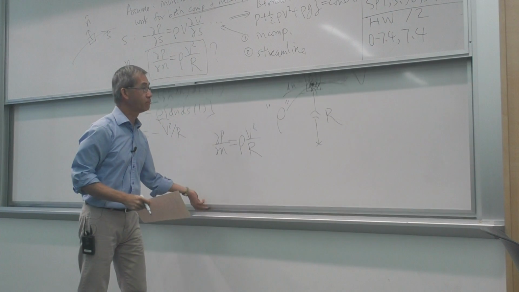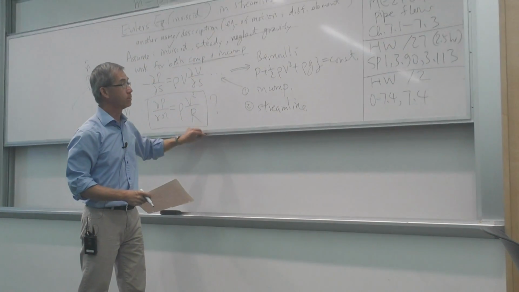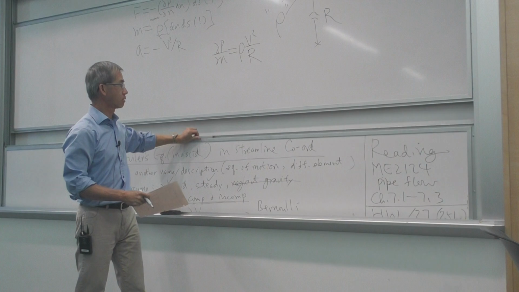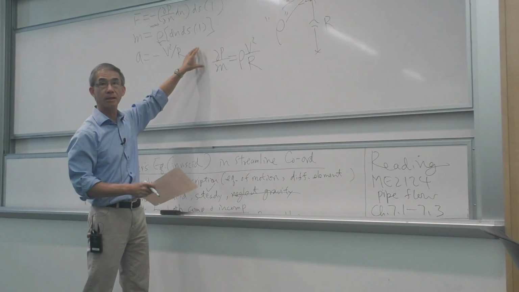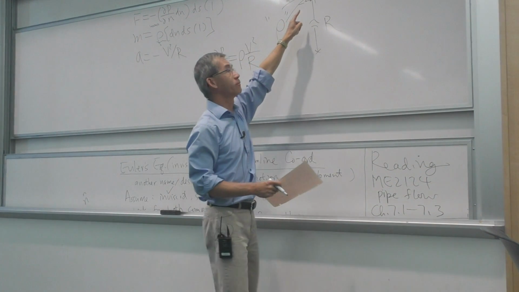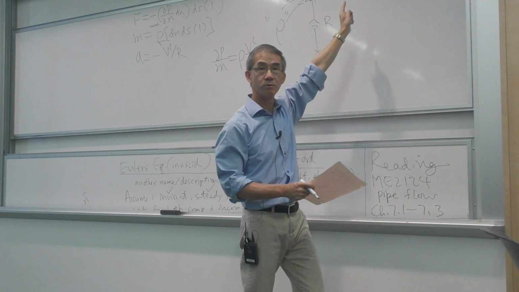As such, I'm not making any assumption about the density being a constant in this entire derivation, for the simple fact that it is the definition of a differential element.